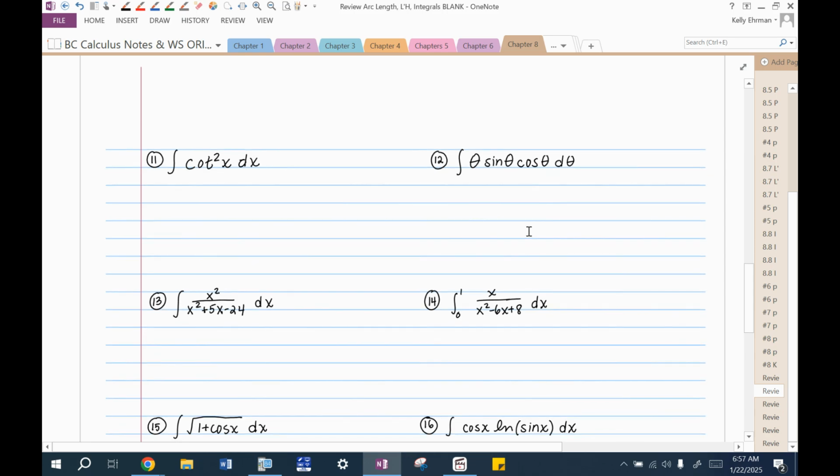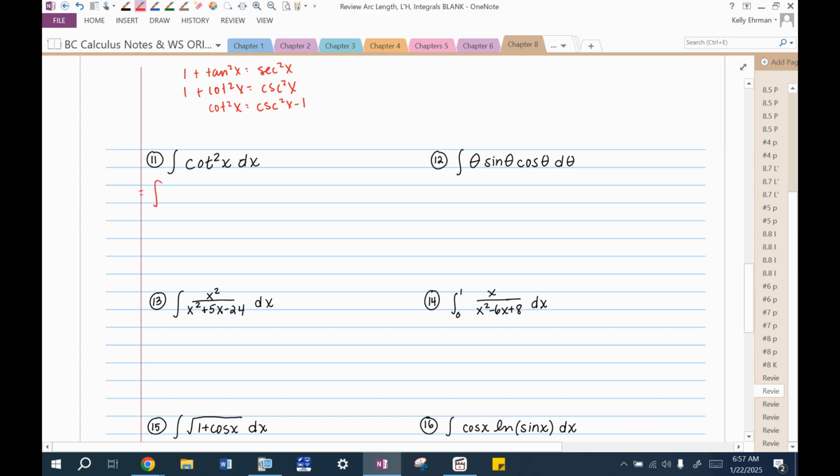Okay, for number 11, we have cotangent squared, which is not the derivative of anything, so we need to use some trig identities. Remember, you know that 1 plus tangent squared equals secant squared. And if you just put co in front of those, you get 1 plus cotangent squared equals cosecant squared. So that's the identity I'm going to use. Cotangent squared x is cosecant squared x minus 1.